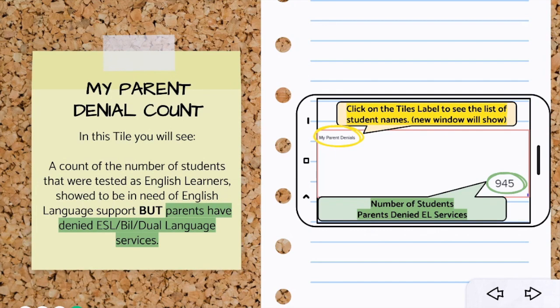For these students, we ask that you please closely monitor their needs. Again, at the top of the tile, you will see the title, My Parent Denials. By clicking on this title, you will find a new window with a list of those students who are under this criteria. Again, the number shows you how many parent denials you have assigned to you.